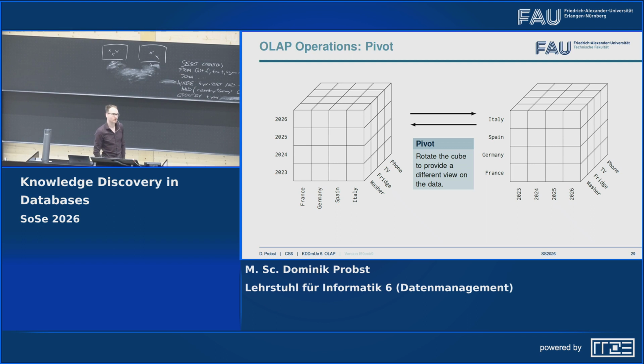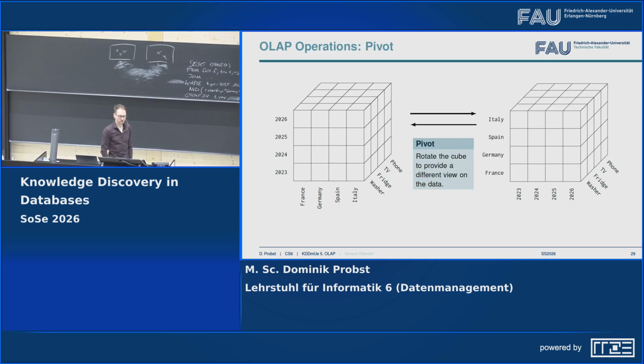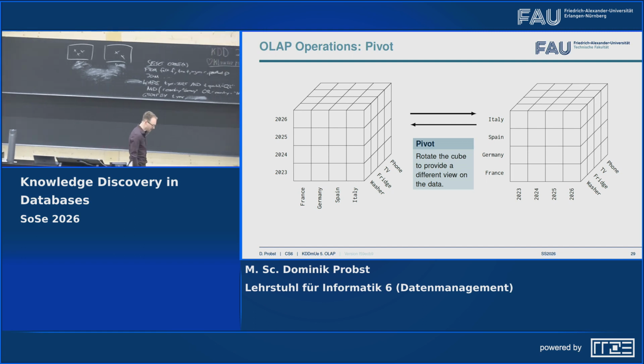We can also pivot a cube. Pivoting a cube is just about rotating the cube, so taking a look at other dimensions first. You might know a pivot function from Excel sheets, and the same thing can be done in SQL as well, but that's not that obvious to do.